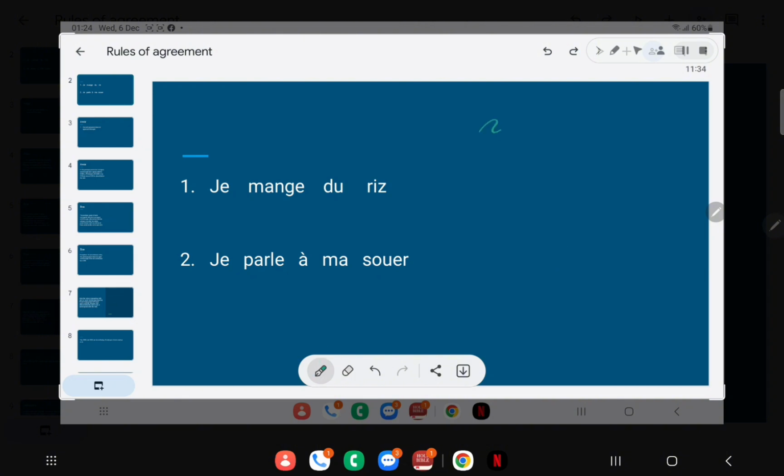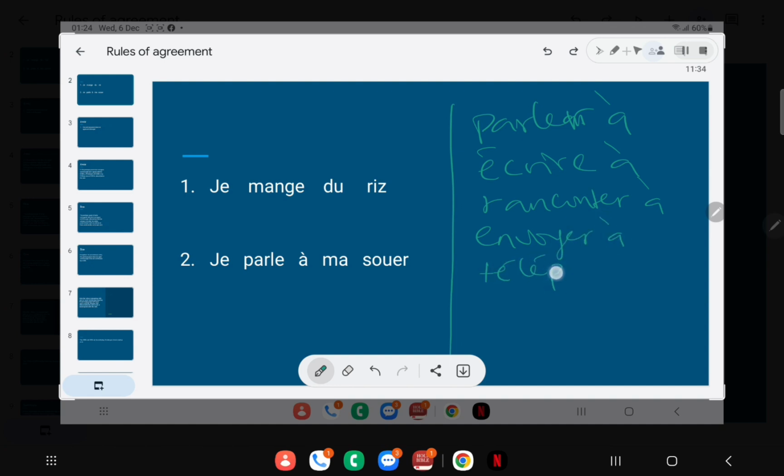For example, aller à, écrire à, raconter à, envoyer à, téléphoner à, appeler à, transférer à. So there are many more verbs, but at least in a sentence, when you see this kind of setting, know that the following object is an indirect object.